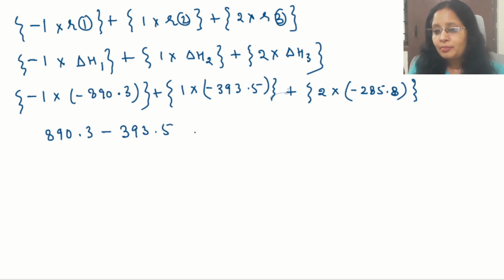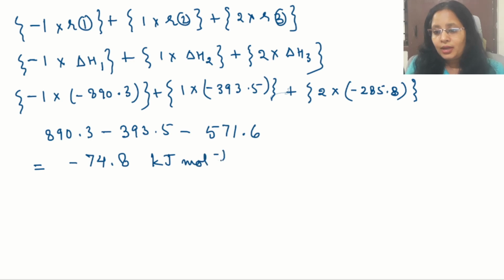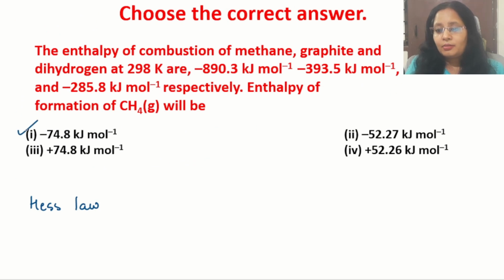Plus minus again minus, now 2 multiplied by 285.8 gives the value 571.6. Finally the answer that came is minus 74.8. The unit will be kilojoule per mole, and that is our answer, which is the first option, minus 74.8 kilojoule per mole.